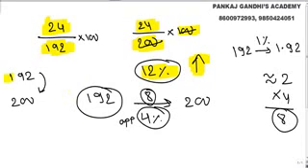It was 192 which we made 200. 192 to 200, we have increased by 8. Now 192's 1% is 1.92, 2 decimals shifted, close to 2. 2 fours are 8. So we have increased the denominator nearly by 4%. So if we have changed the denominator by 4%, the answer should also be changed by 4%.